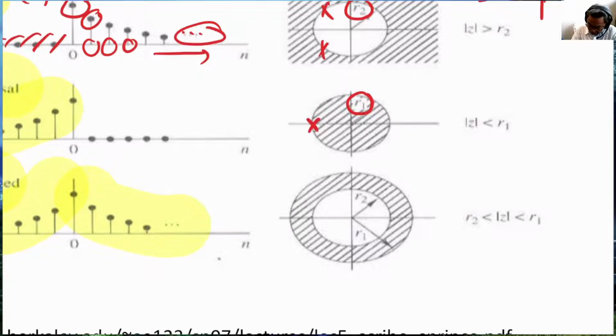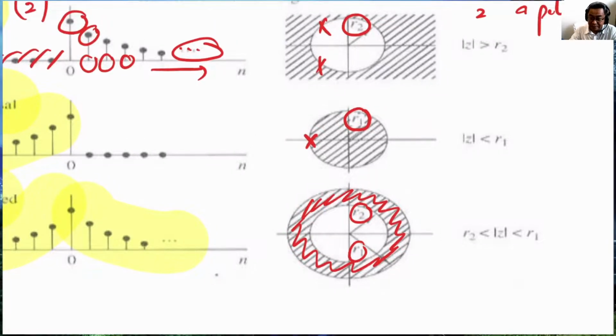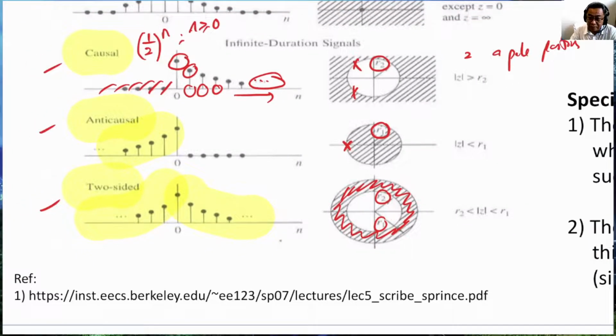Now, if R2 is smaller than R1, such that these two regions of convergence can overlap, then we would form a ring where this shaded region is the only region of convergence that satisfies both sequences such that X(z) exists. If this region of convergence does not overlap, then there is no ROC, and you have an empty set for the region of convergence. If you have that, then you cannot find the Z transform of this sequence.